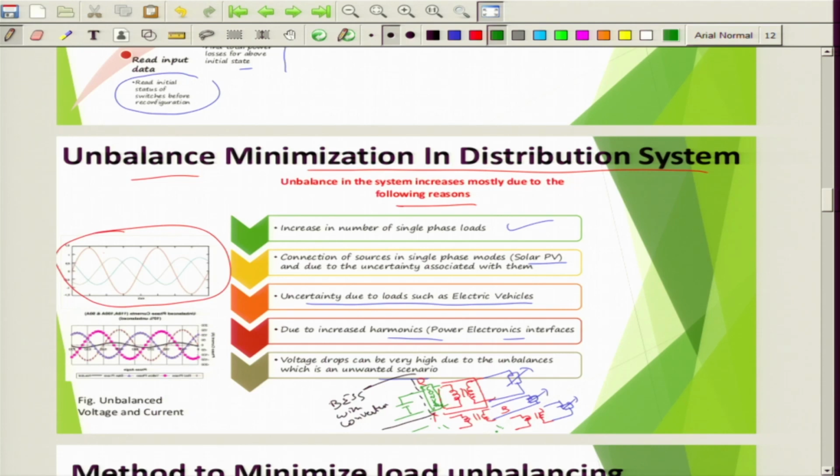If you can give some command to the batteries, because there are converters placed, you sense the unbalance in the individual phases. Let's say phases B and Y are overloaded compared to R phase.